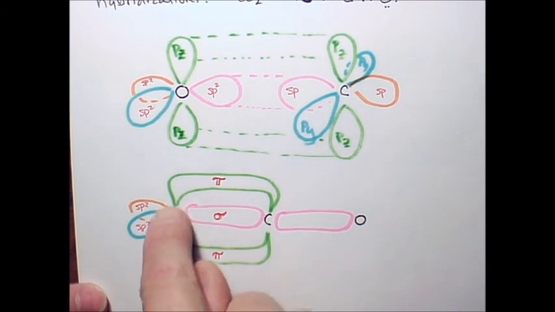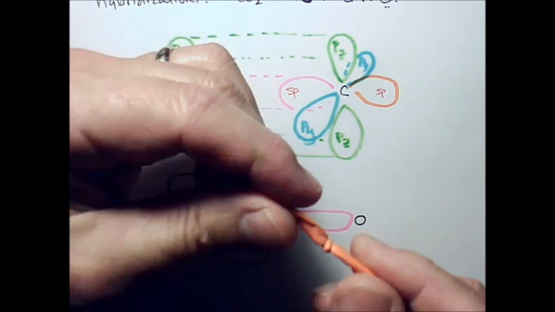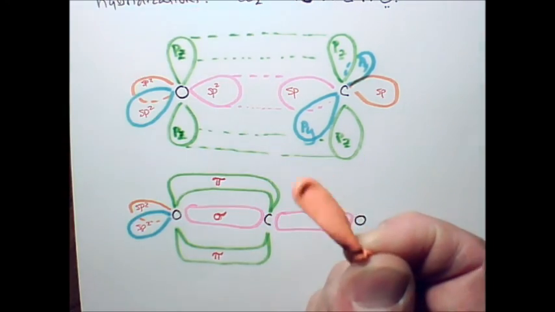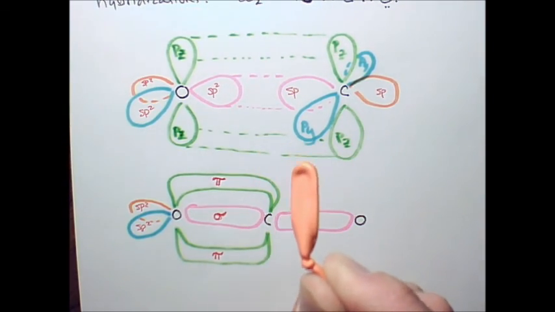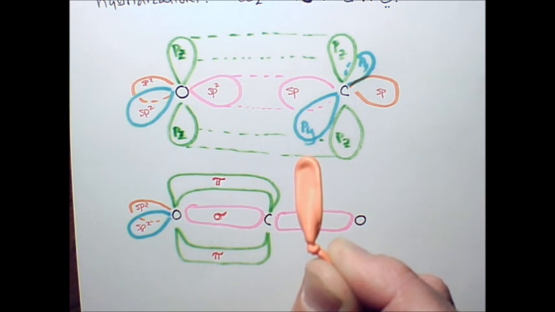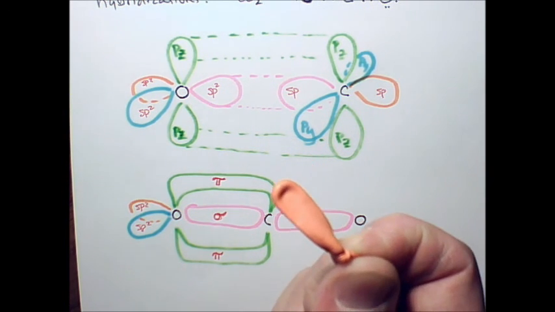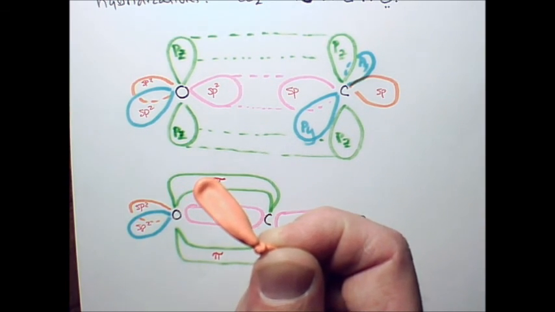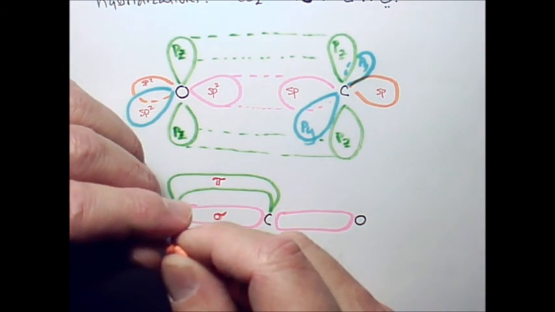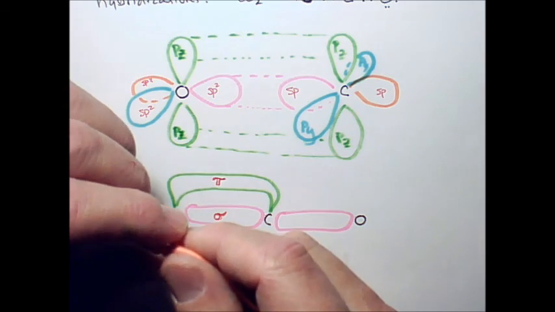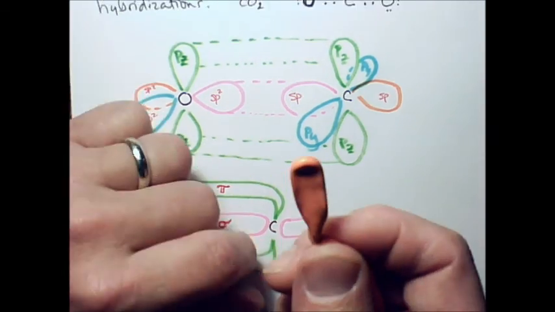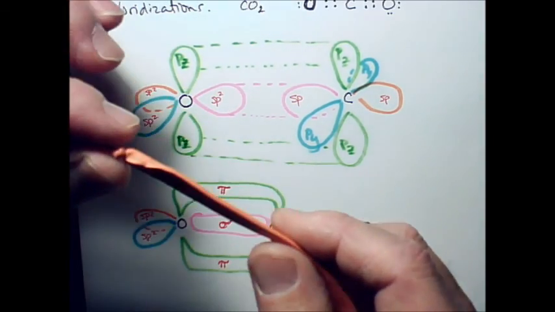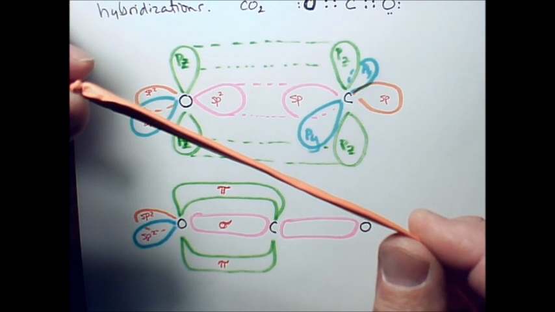Alright, so here's what you're going to do for your next model. We're going to start with the pi bond. Take a long balloon without any air in it and tie a knot about an inch from the end. After you tie a knot about an inch from the end, you want to blow up another one.